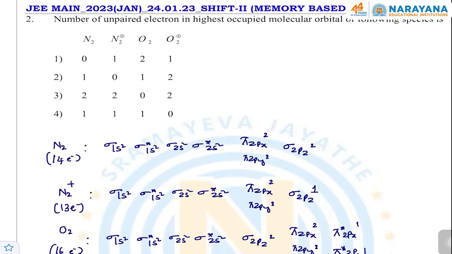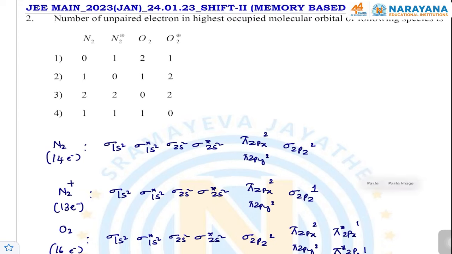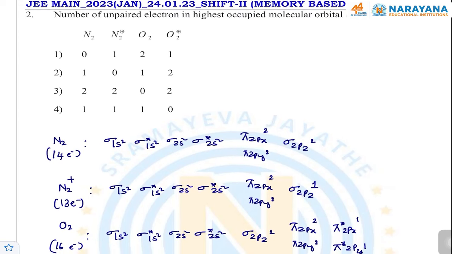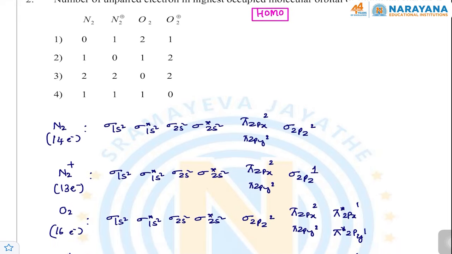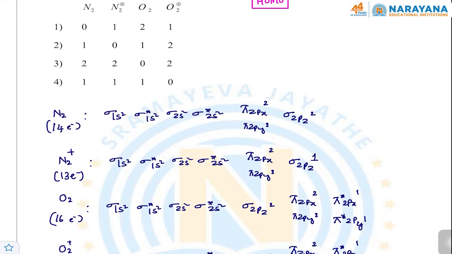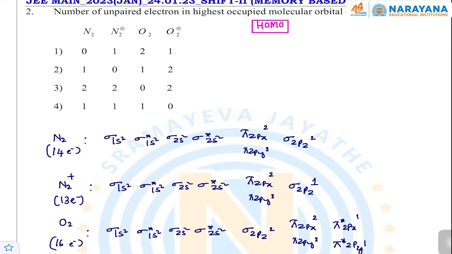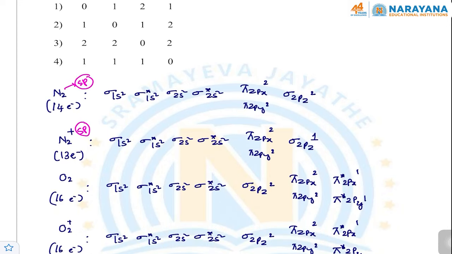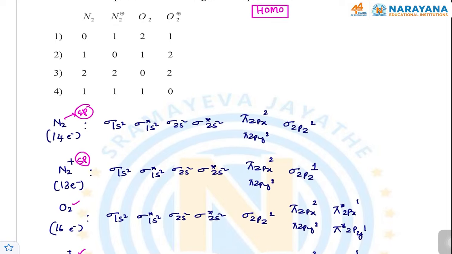Next question is the number of unpaired electrons present in highest occupied molecular orbitals. Highest occupied molecular orbitals, we should count the number of electrons, HOMO. Now if you take nitrogen, N2 gas, it is 14 electrons. We know that for nitrogen, we should write sp mixing, N2 plus sp mixing, O2 there is no sp mixing, and O2 plus there is no sp mixing.